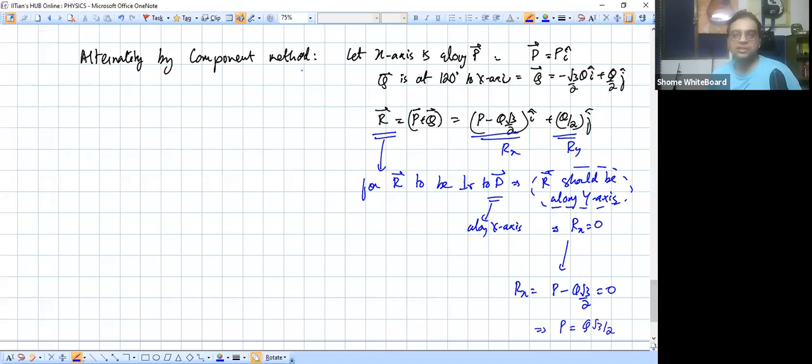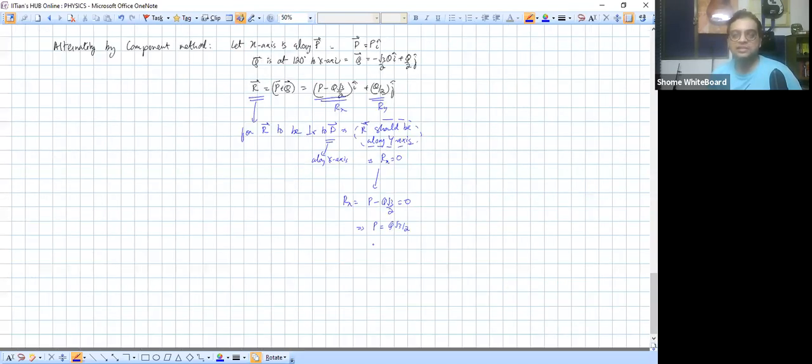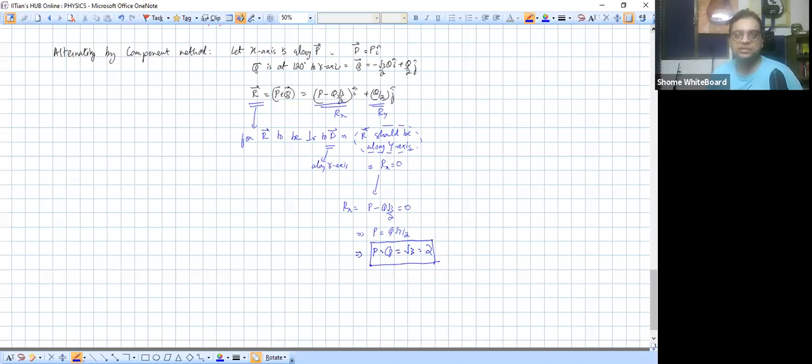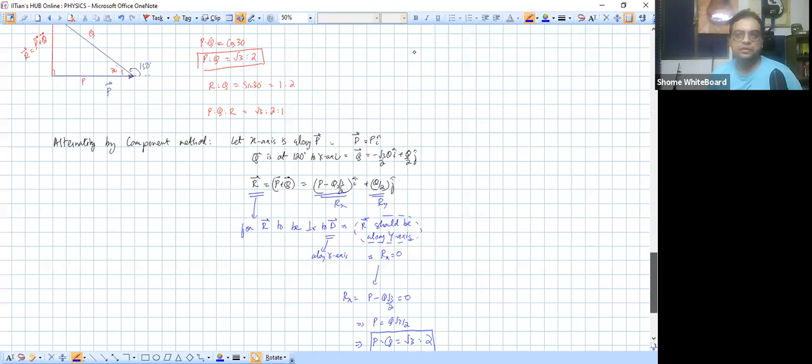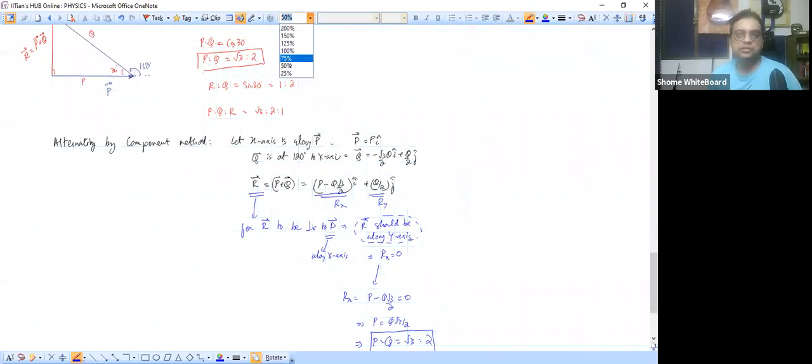So this is also an elaborate way of doing the question, but as you can see here, this is unnecessary. It's much easier to just draw the right angle triangle and use the trigonometry of that rather than make it into components, put the condition of the components. This is unnecessarily lengthy. The easier method was the first method, which was the triangle based method. Anyhow, hope you understood both the methods.